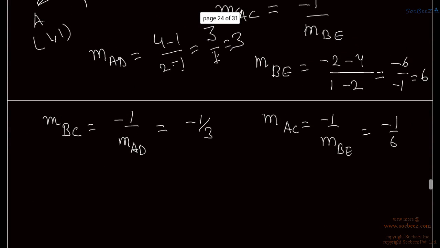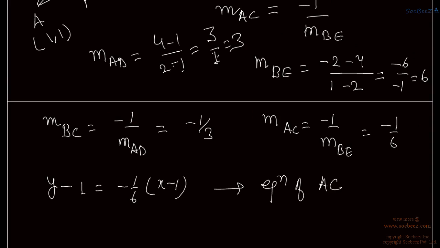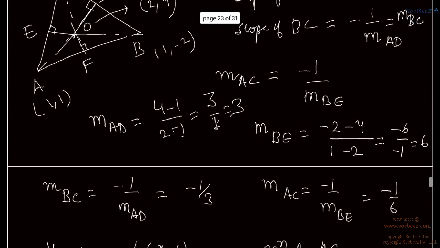So the equation of AC is, in point slope form, y minus y1. The y1 is point A, whose coordinate is 1, is equal to m. M is minus 1 upon 6, x minus 1. This is equation of AC. Okay. And similarly, we can write the equation of BC, right?